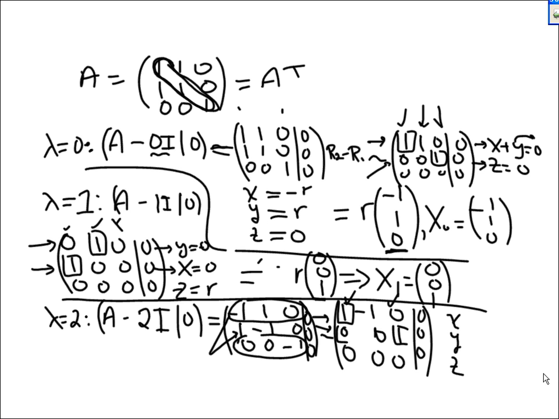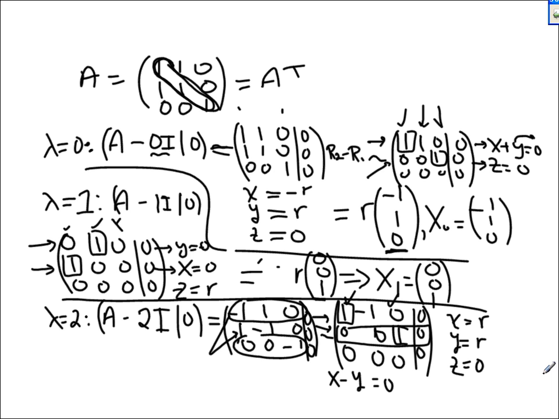The second row tells me that z equals 0. Or the fact that the second column doesn't have a leading 1 tells me y equals r. And row 1 tells me x minus y is 0. That means x equals y. But y is r.